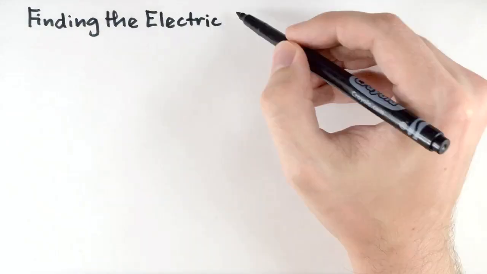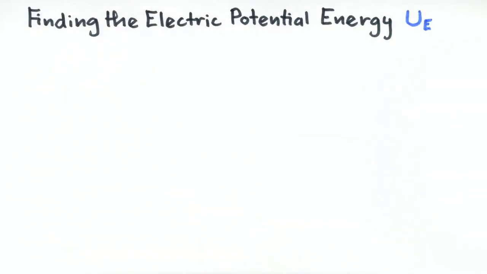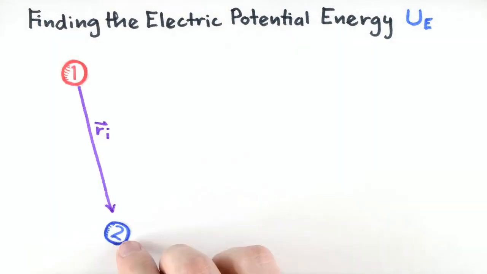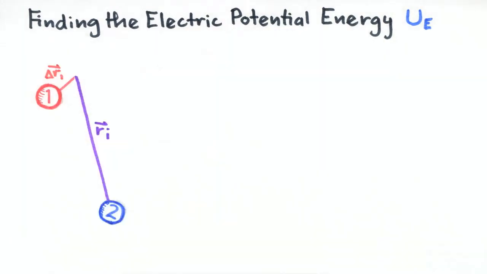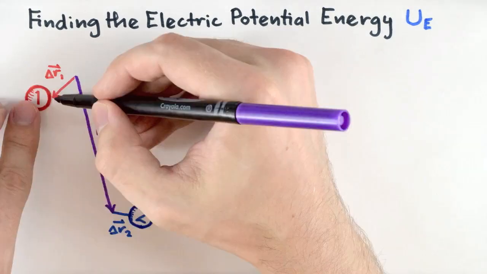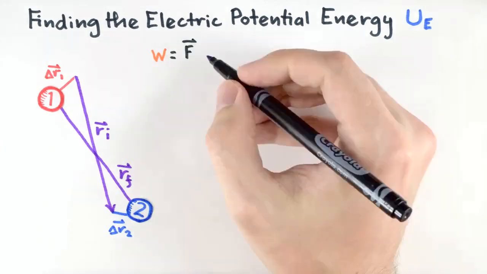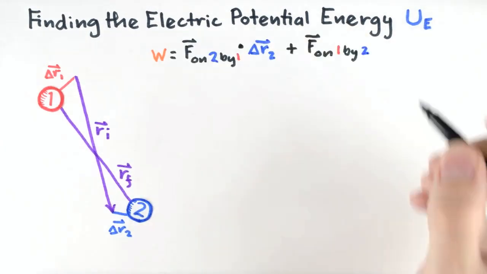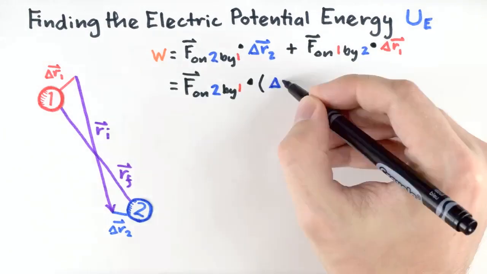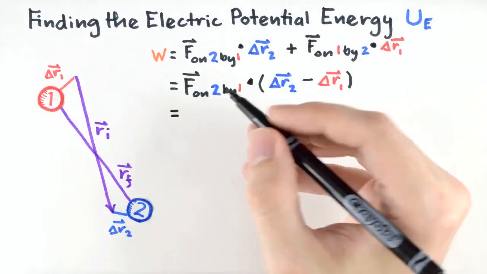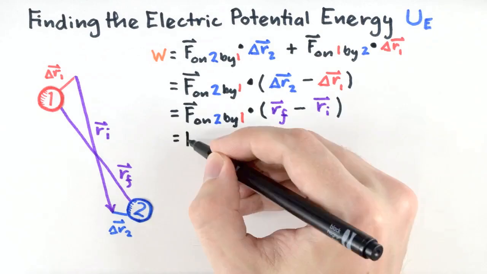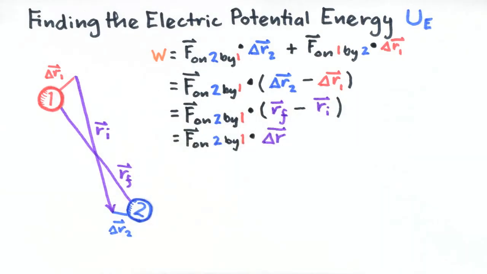Now to find the electric potential energy, U sub E, we can follow essentially the same steps we took before to find the gravitational potential energy. First, we find the entire work done on both charges within the system by the electric interaction. We then apply reciprocity and re-express the displacements in terms of the change in the relative position vector delta r, like this.